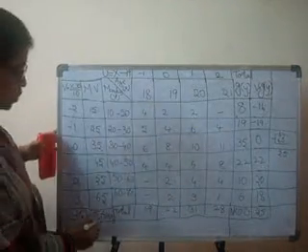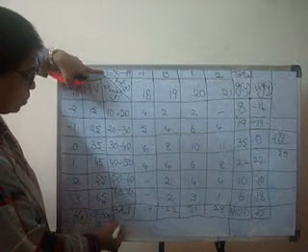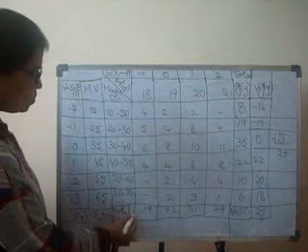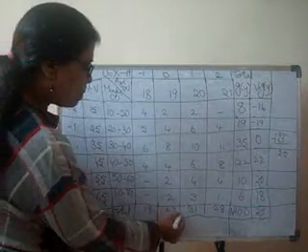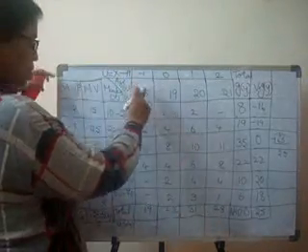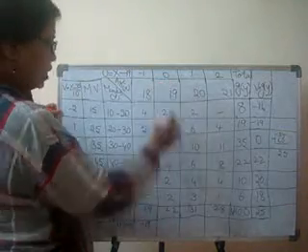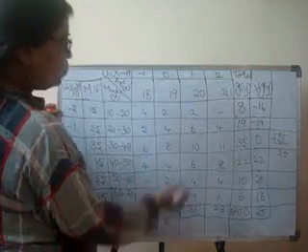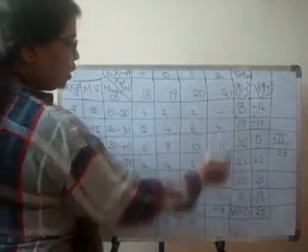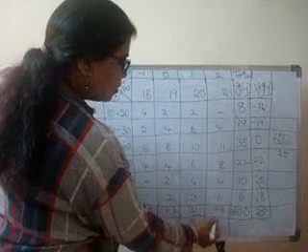Similarly, we have to find out here, what we have to find out? U into your f of x. U is this, minus 1 into 19 is minus 19, 0 into 22 is 0, 1 into 31 is 31, 2 into 28 is 56.